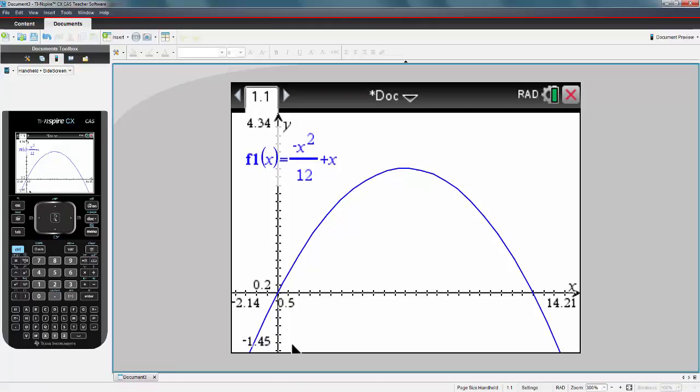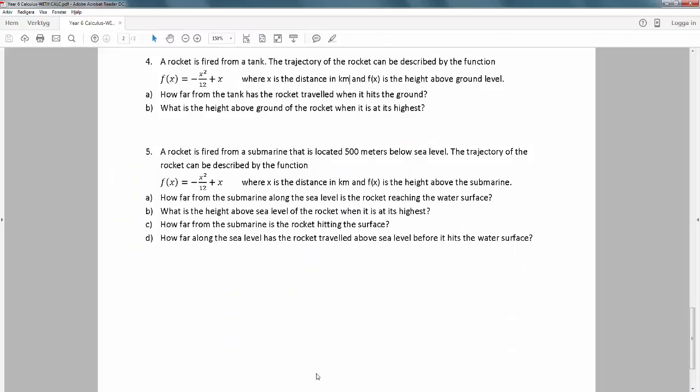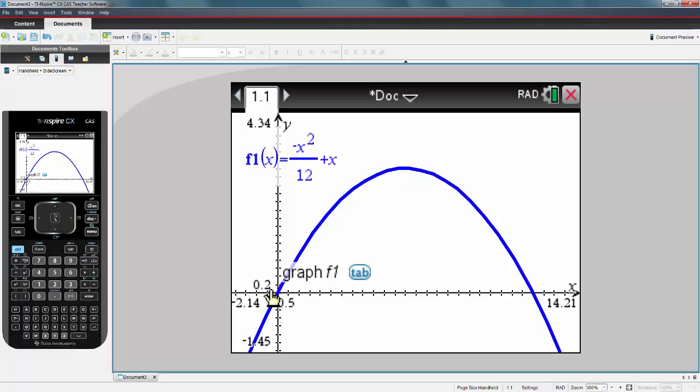So this means that, let's read the question one more time. F of x is the height above the submarine. Okay, so there's a submarine here in the origin.